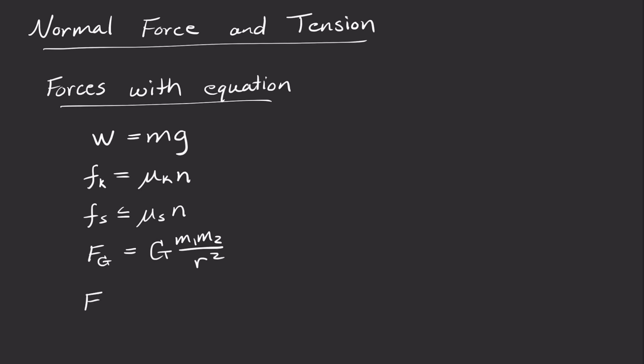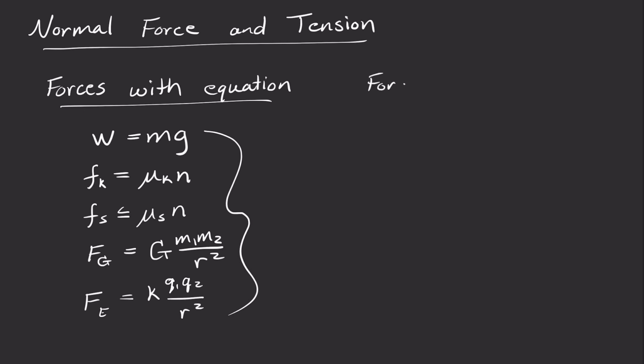And even when you go on to electricity and magnetism, you get other forces like the electric force that look similar to gravity. Some constant times the charges, so Q represents the charges over the distance between the charges squared. But all of these forces have equations.